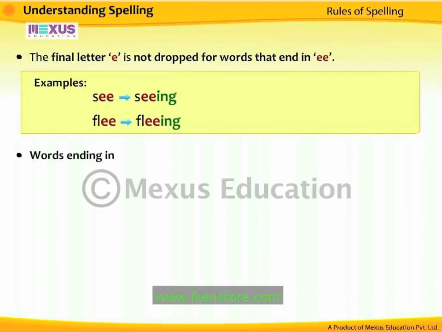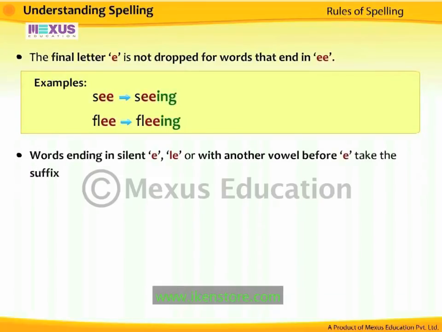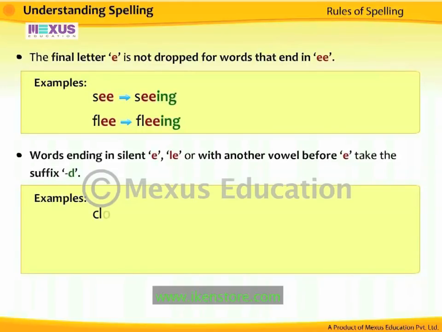Words ending in silent E, LE, or with another vowel before E take the suffix D. Thus, CLOTHE, clothe, becomes CLOTHED, clothed.